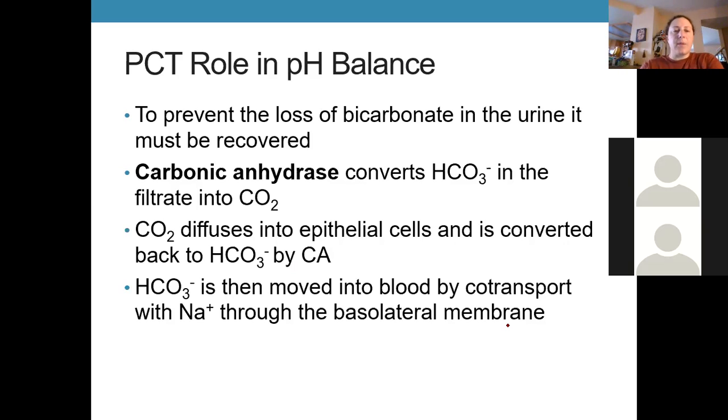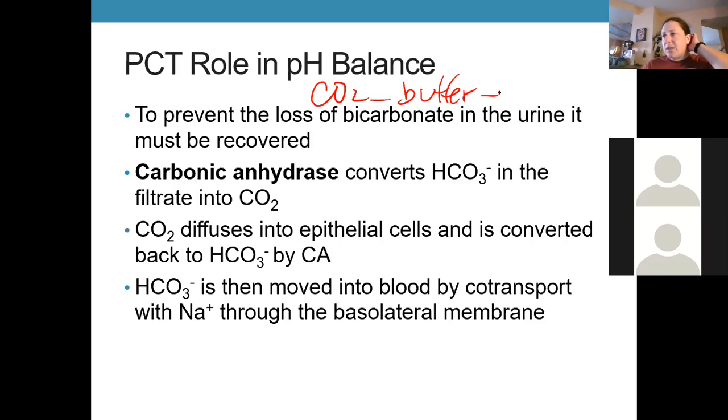So we've talked about bicarbonate before, right? Bicarbonate is the primary way that carbon dioxide is carried in the blood. And even though it's being carried in the blood to get breathed out in the lungs, because of its function as a buffer to maintain pH, we don't want to lose it in the urine.